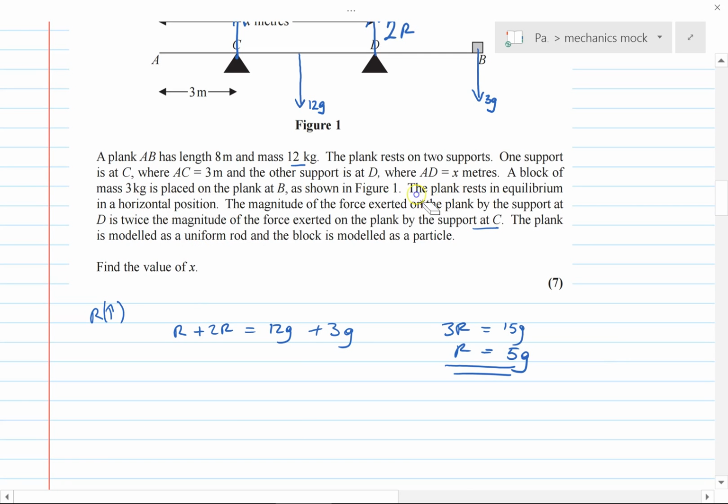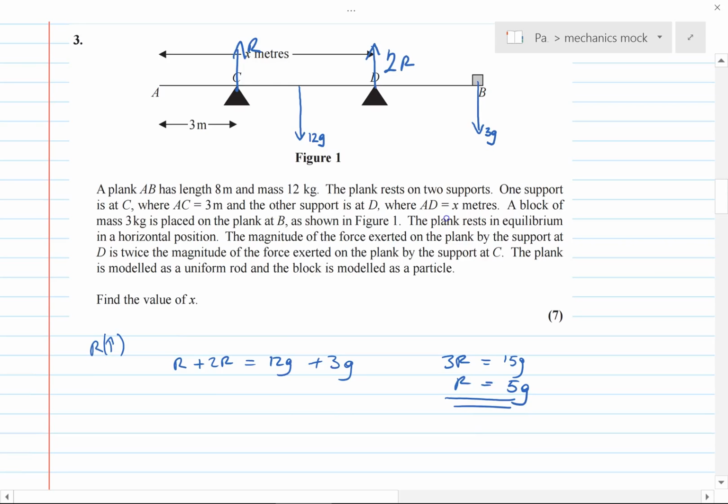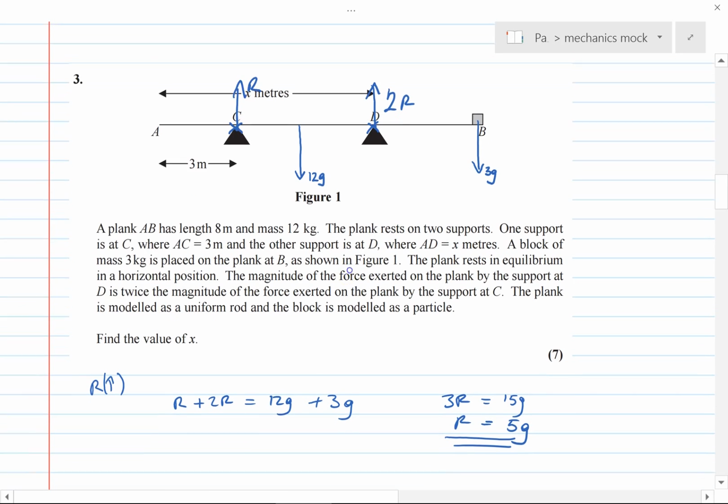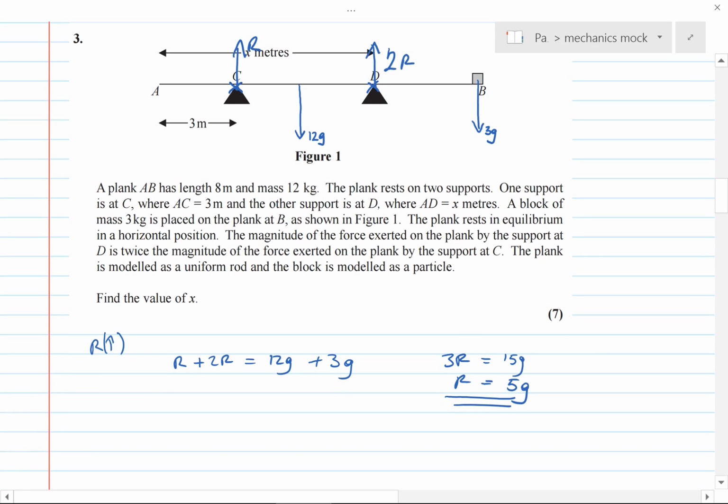Now it's a case of taking a moments equation. You could take moments about any of the supports here. It's the natural thing to do really because it takes out a force.